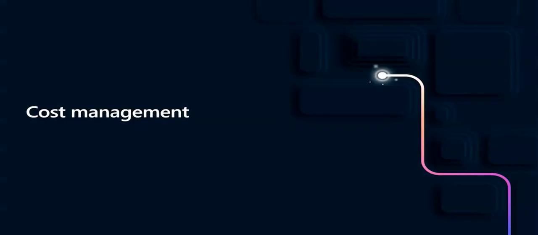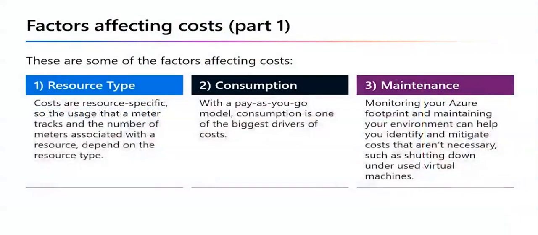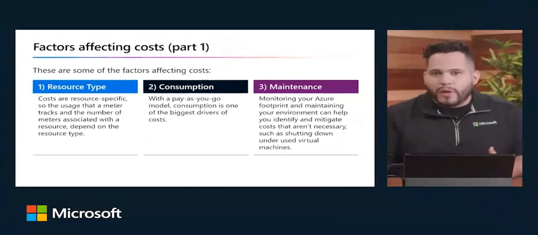In this lesson, we're going to talk about cost management. So let's start by looking at the multiple factors that can affect cost. Let's start off with our resource type. Your resource type is so important because every resource has a usage meter associated with it, and depending on that resource type, that usage meter can be measured in a number of different ways.